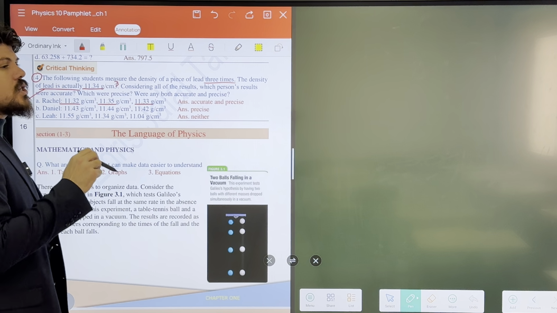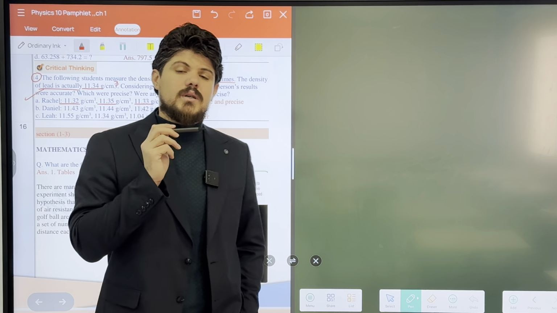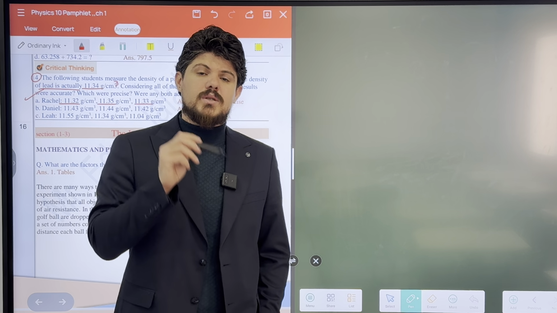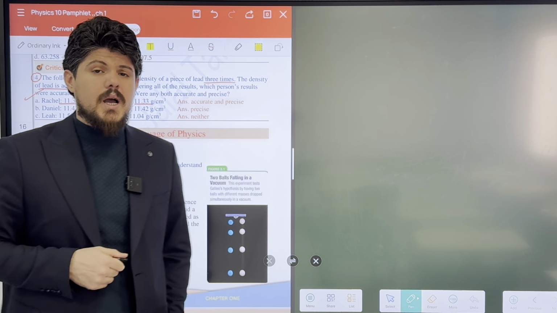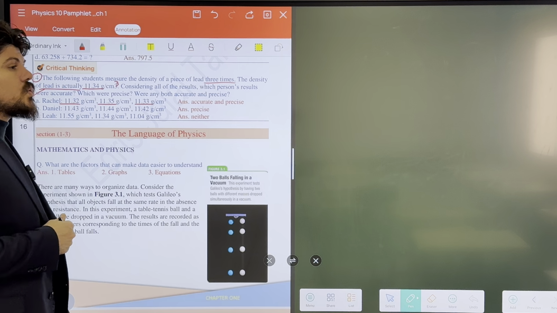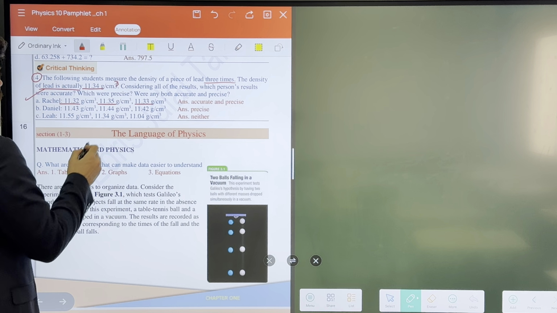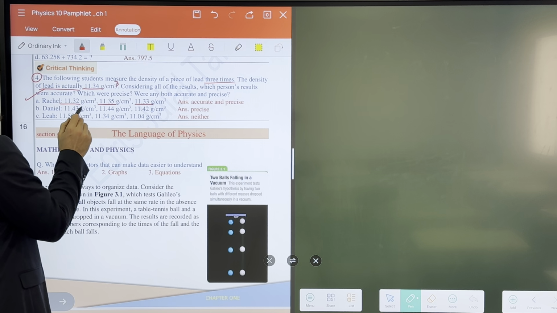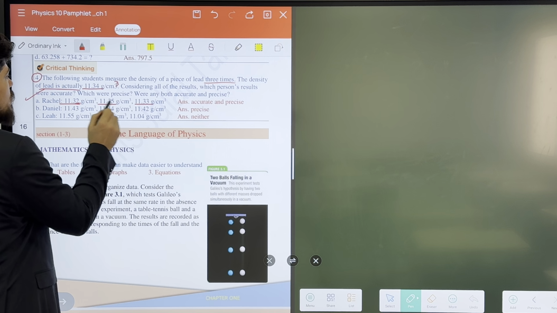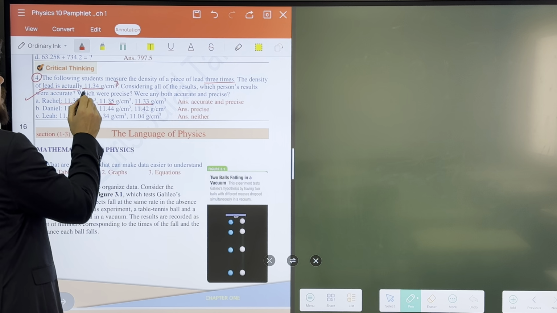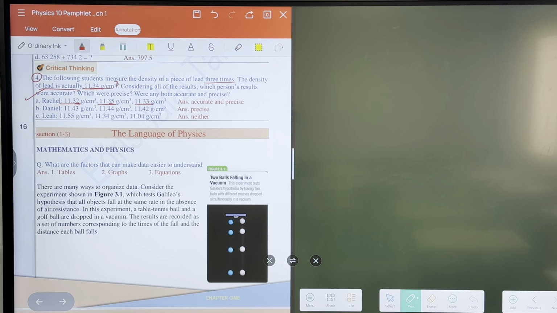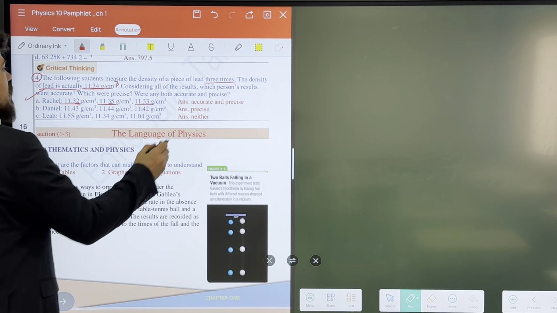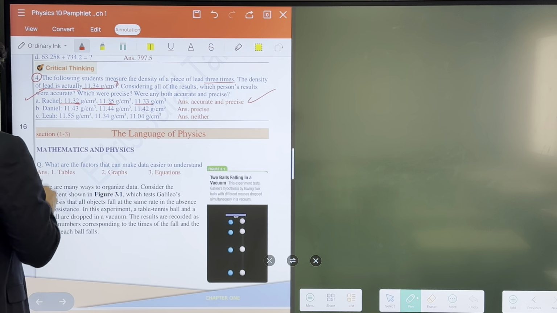So can you say these 3 measured values are accurate? Yes, accurate, because they are close to the real value. And how about precise? Yes. 32, 33, 35. It is close and repeated uniformly, so that is why both accurate and precise.